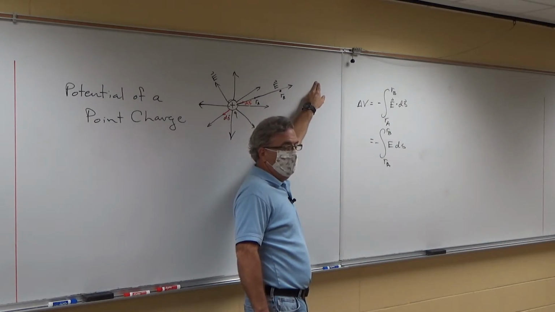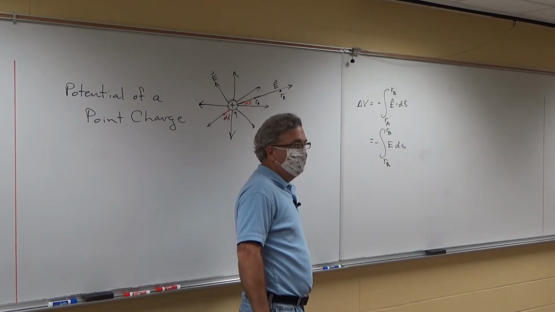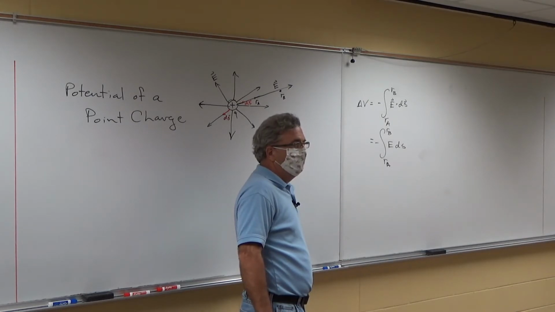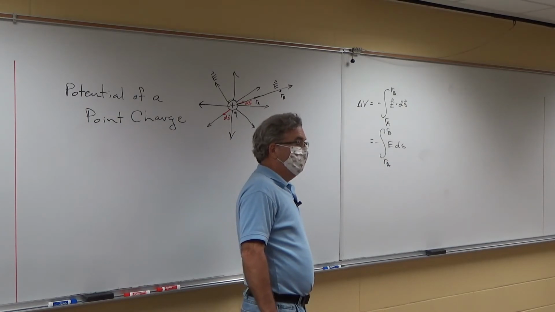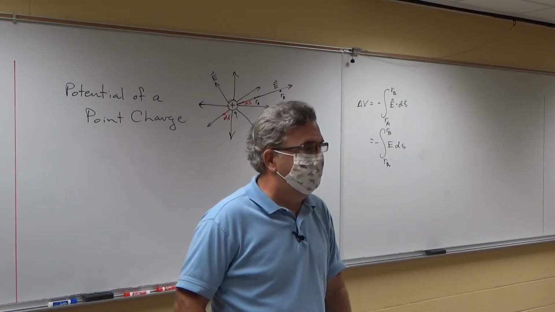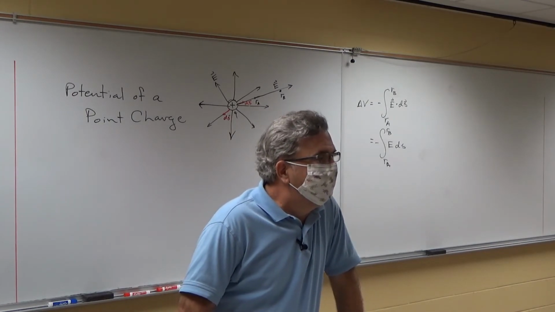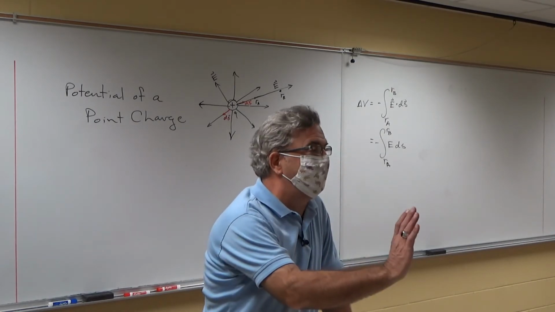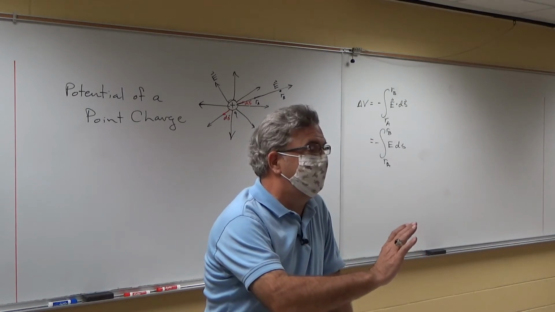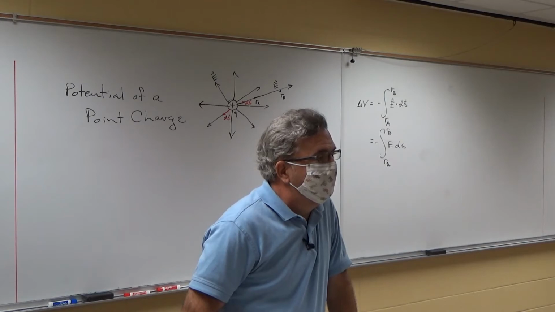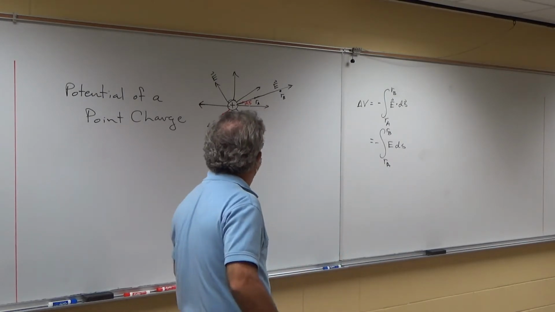KQ over r squared. The only reason it was a constant in the other case was because I made it that way. For simplicity, I said, let's just assume a uniform electric field, constant in direction and magnitude. But it's not a constant in this case.